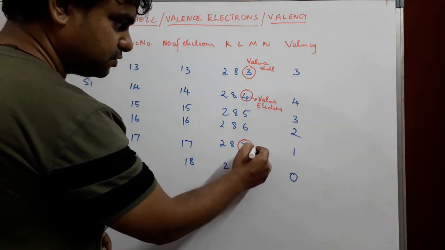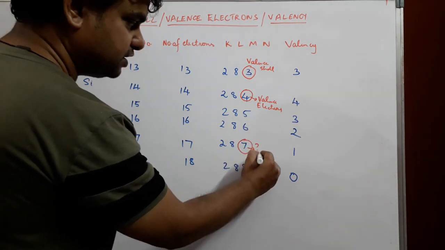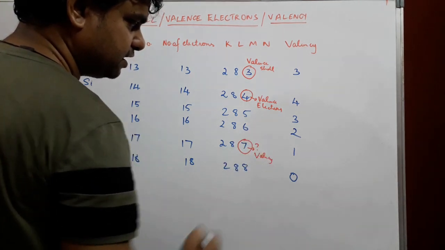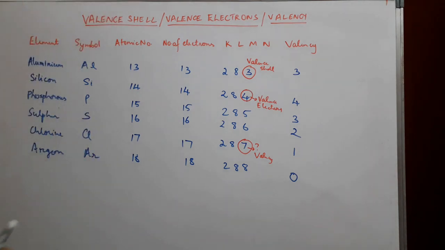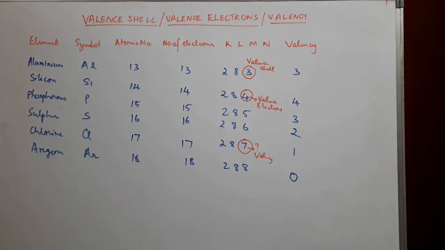So that means it tells you the valency, how many electrons are needed. Okay, so we covered the topic of valence shell, valence electrons and valency in this video.